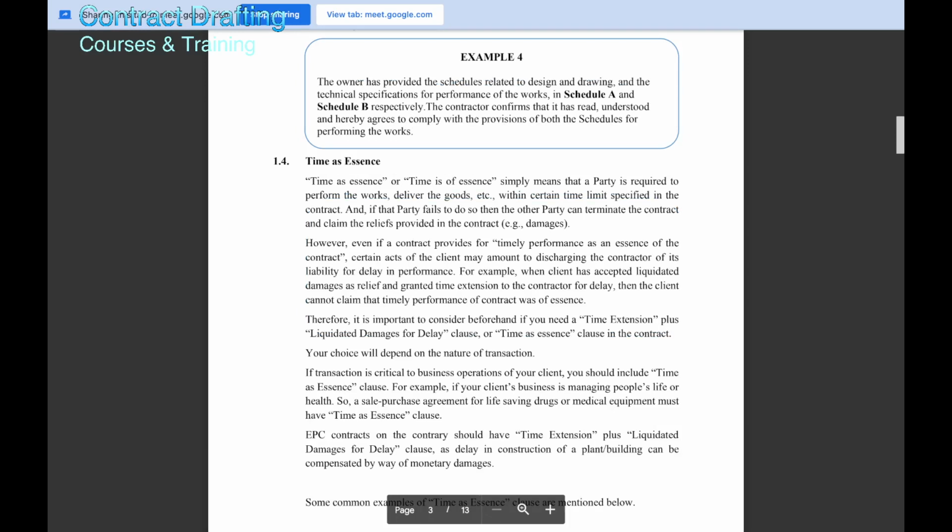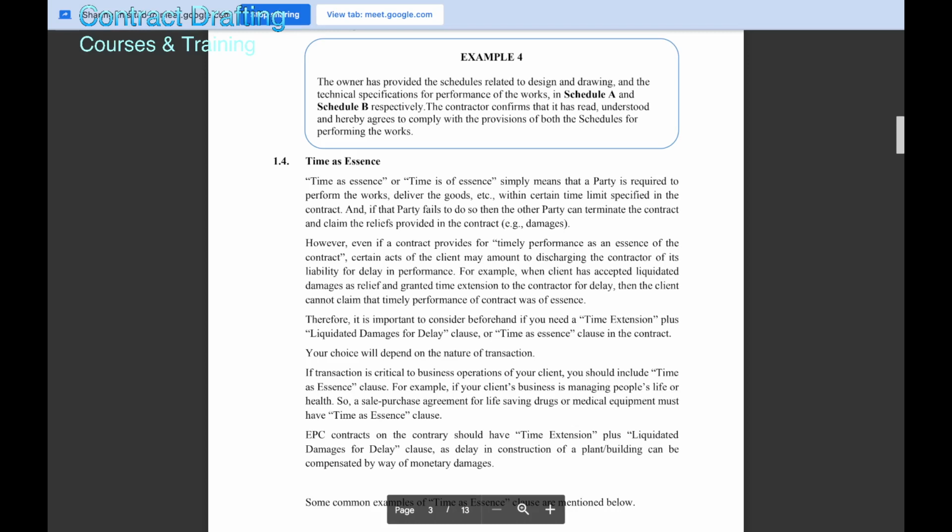And also, in view of the time extension clause, it has been held that time as essence clause will not be binding on the contractor, where either the parties has agreed to a time extension or the contractor has paid the LD.